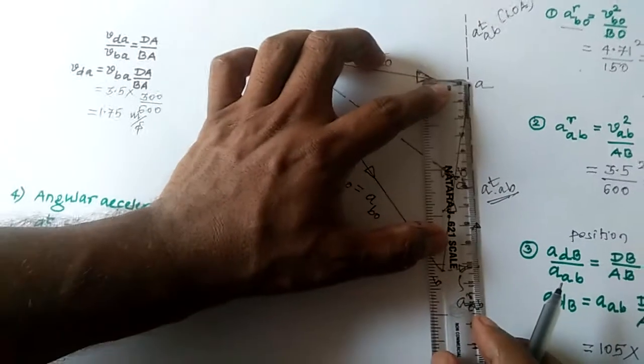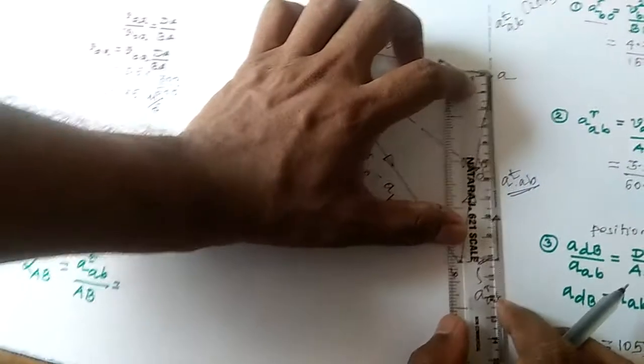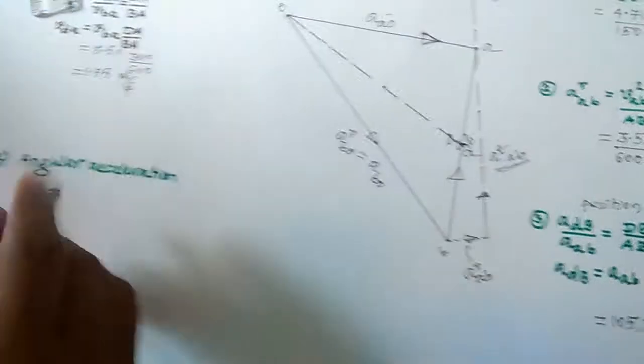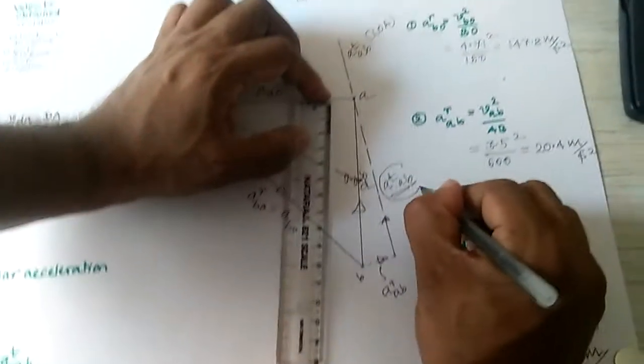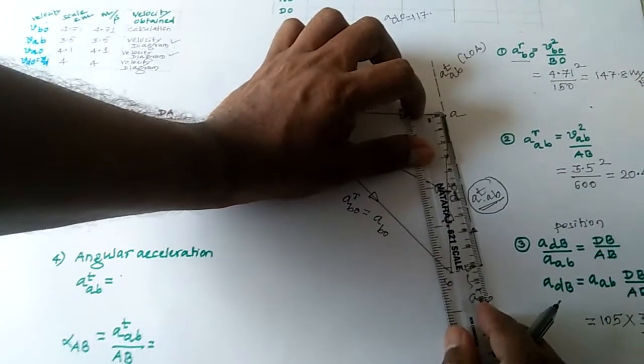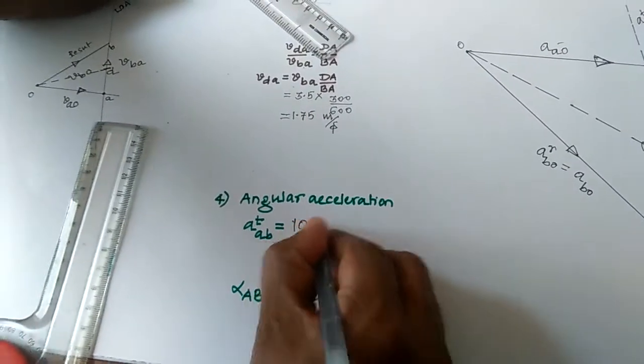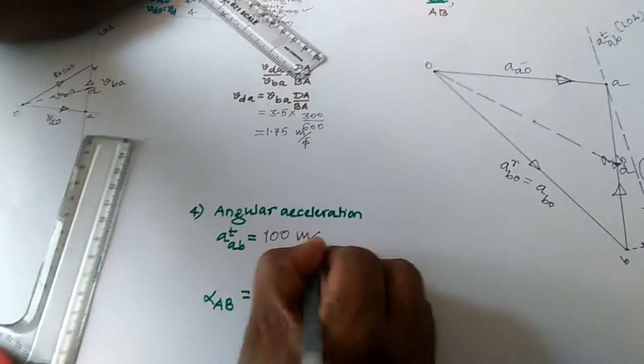This comes nearer to 100. You measure with the scale: 10 centimeters means 100 meters per second square.